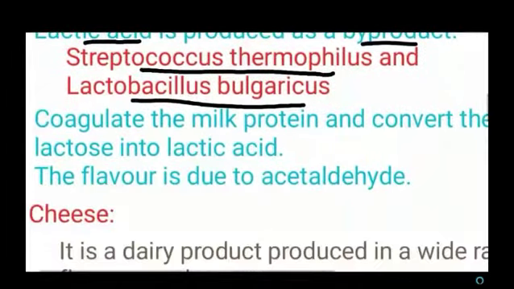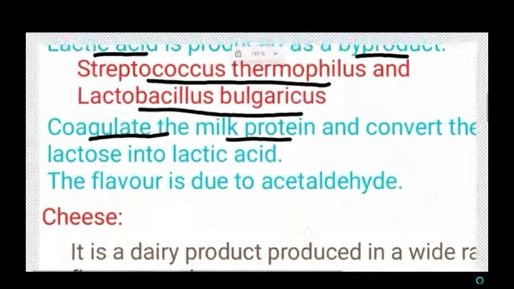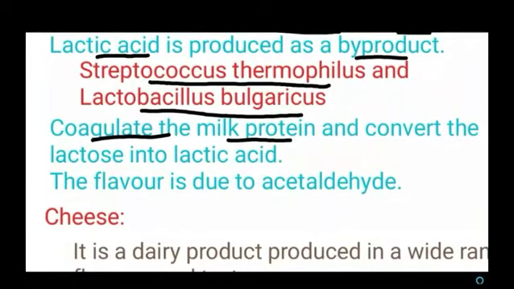They coagulate the milk protein, and also convert the milk sugar lactose into lactic acid. The flavor of the yogurt is due to the formation of acetaldehyde.